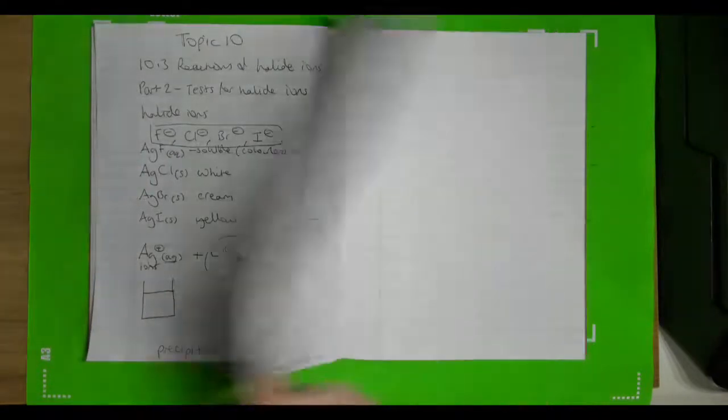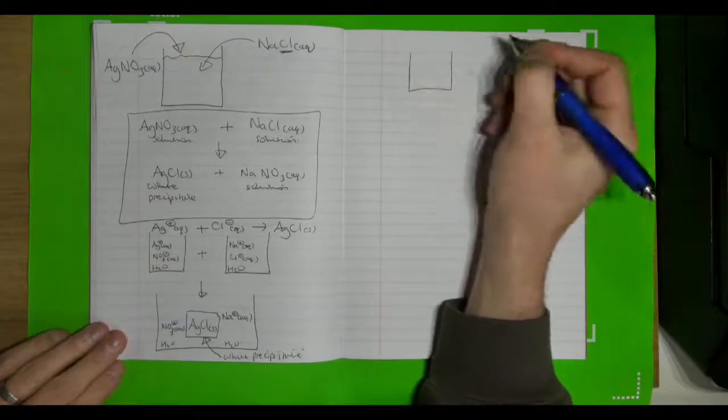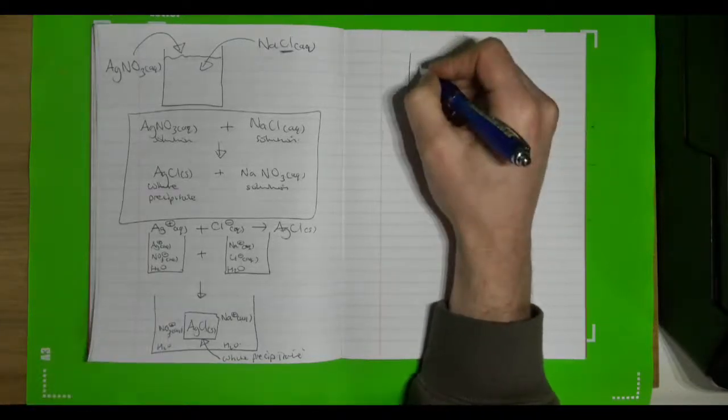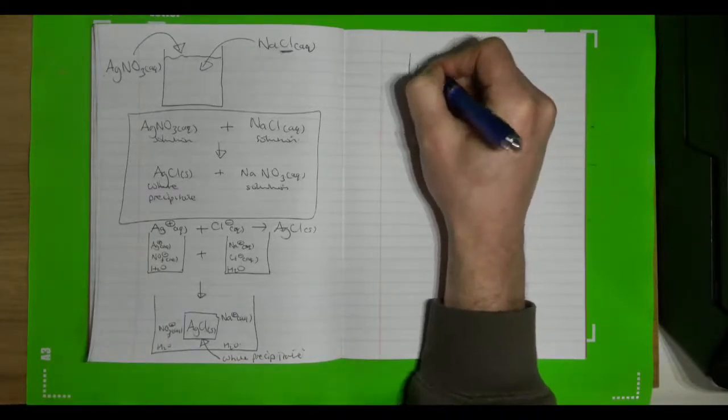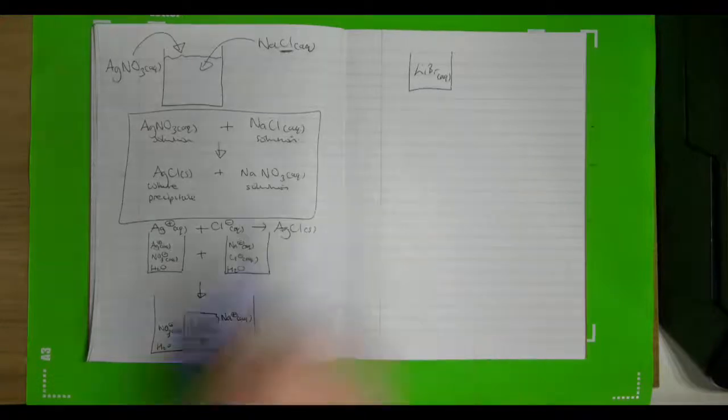Okay, let's have a go at testing for bromide ions, but let's pick something completely different. So let's say I've got a sample this time, and in there I think there is lithium bromide, but I want to test to see if there's bromide ions in there.